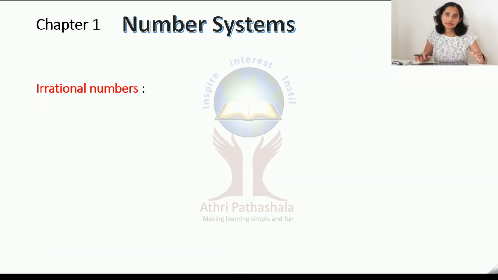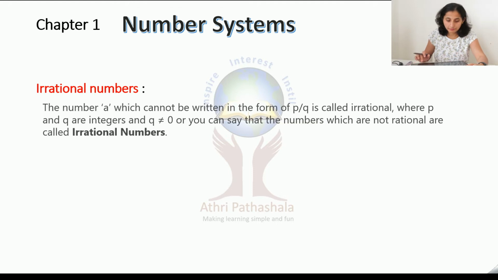So next comes irrational numbers. A number A which cannot be written in the form of P by Q is called irrational, where P and Q are integers and Q is not equal to 0.